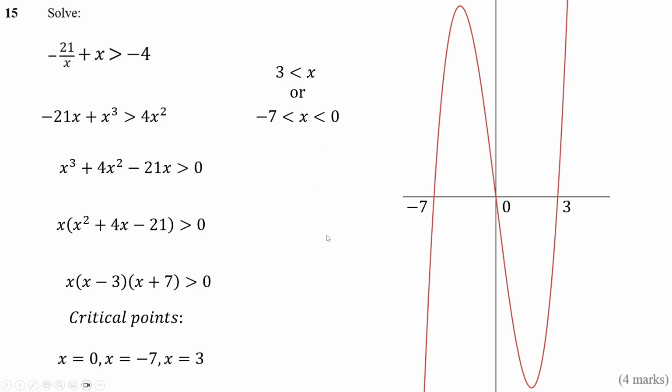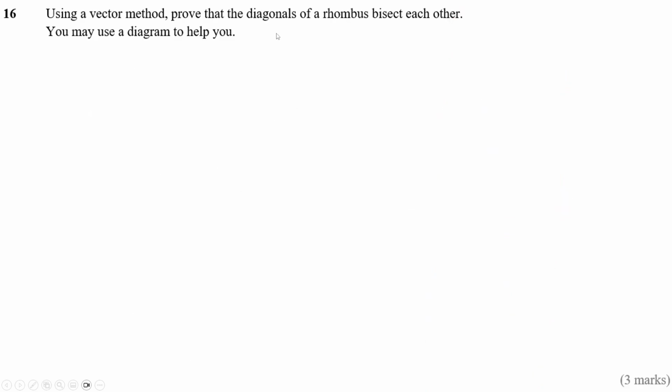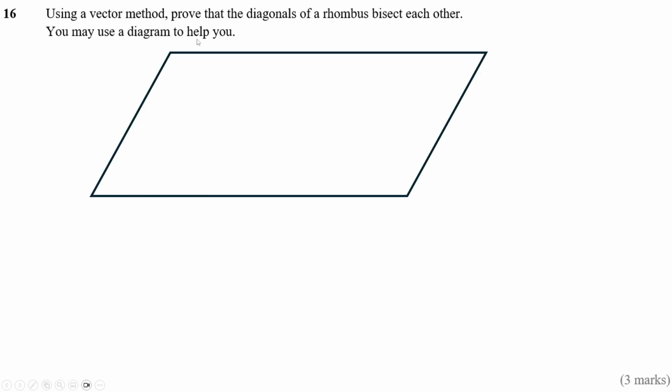Using a vector method, prove that the diagonals of a rhombus bisect each other. You may use a diagram to help you. Okay, so just draw a rhombus, it doesn't matter. Imagine this bottom side being A, and then this one here being B, and then just draw in the diagonals.